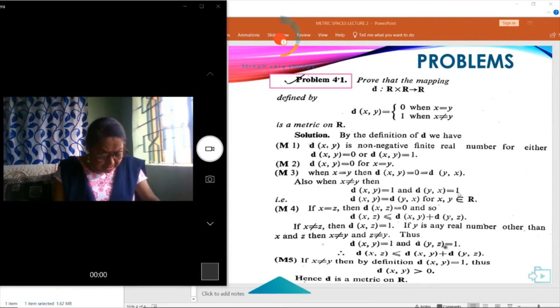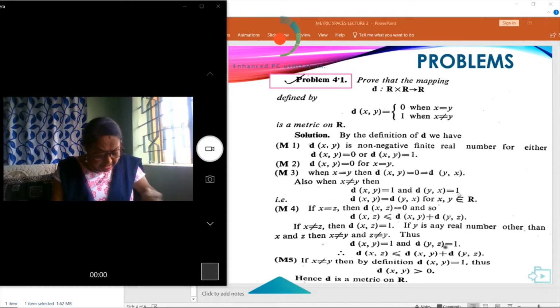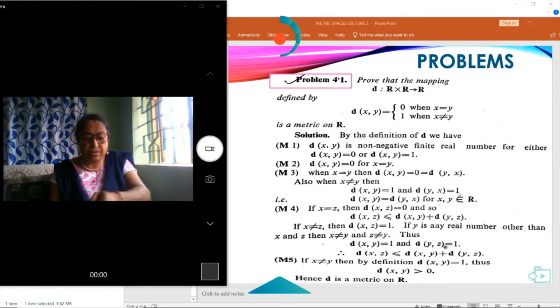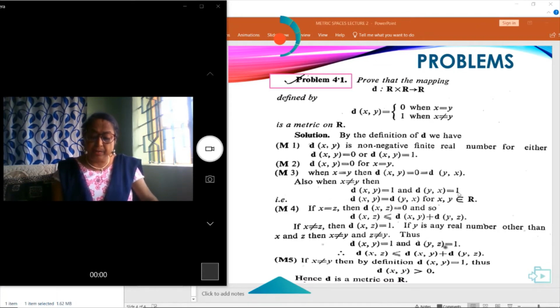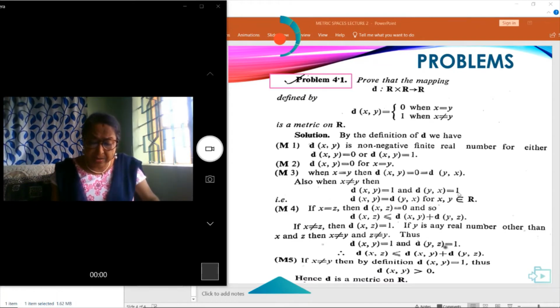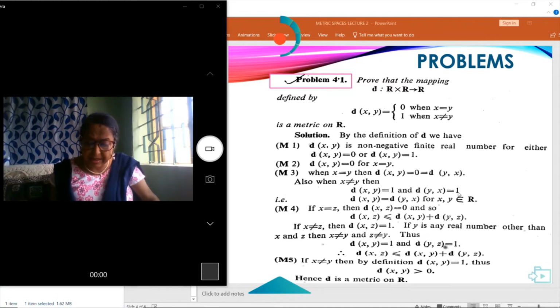If x is not equal to z, then d(x, z) is equal to 1, and if y is any real number other than x and z, then x is not equal to y and y is not equal to z, so d(x, y) is equal to 1 and d(y, z) is also equal to 1. So d(x, z) is less than or equal to d(x, y) plus d(y, z).